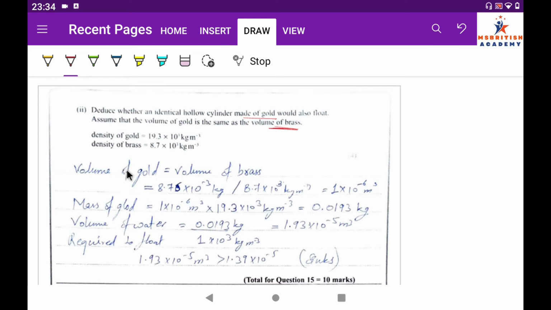So volume of gold is equal to volume of brass. Why are the volume of gold and volume of brass equal? Because volume is given equal. Assume that the volume of gold is the same as the volume of brass. So from here we can calculate, as we calculated earlier, the mass of brass is 8.76 into 10 raised to minus 3 kg.